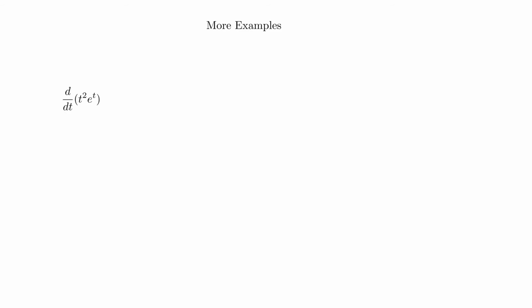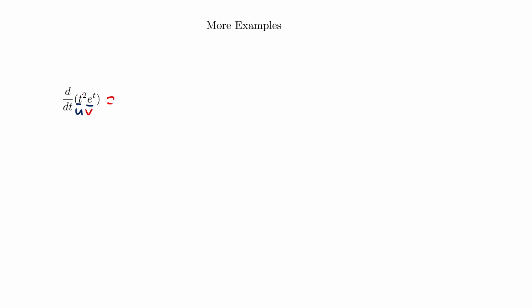For example, if you have a polynomial function multiplied by an exponential function, then you can't simply distribute. So again, we're going to identify one of these as u, and the other as v. And it doesn't actually matter what order we do this in, just as long as you mix and match u prime with v and v prime with u.